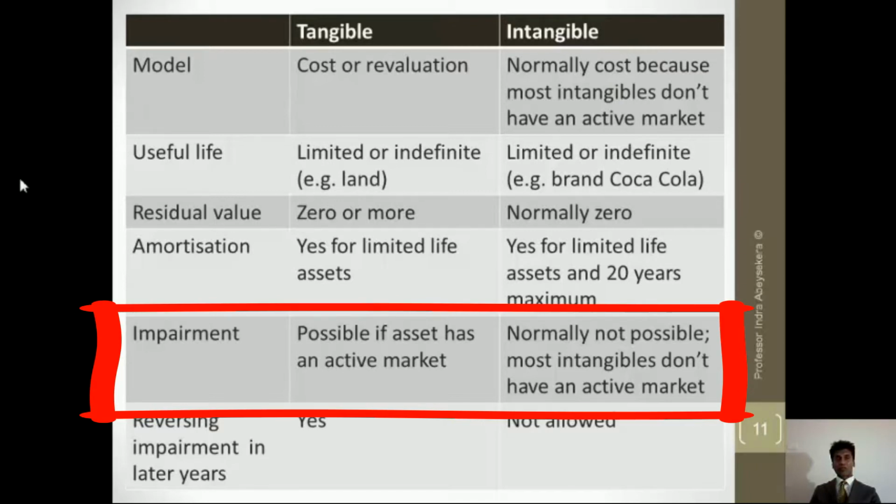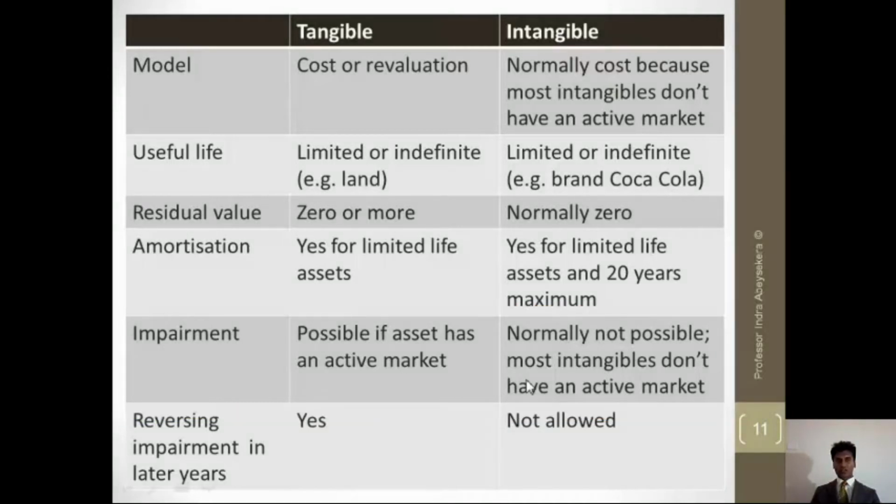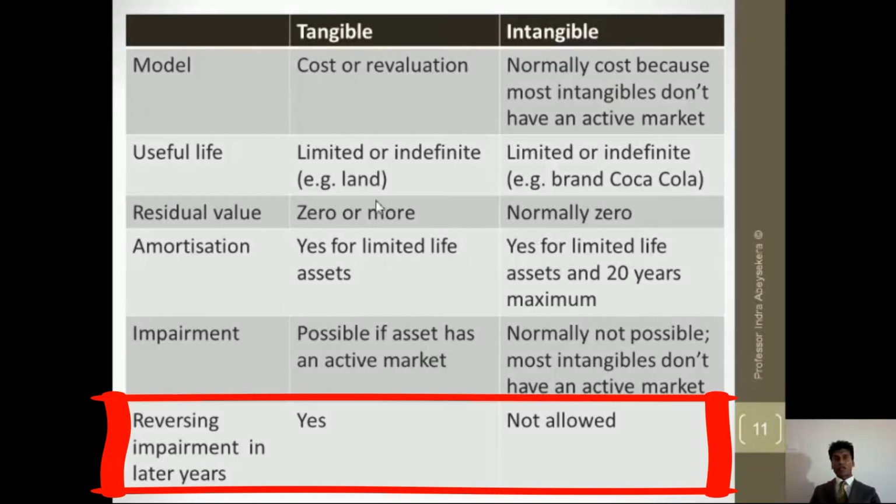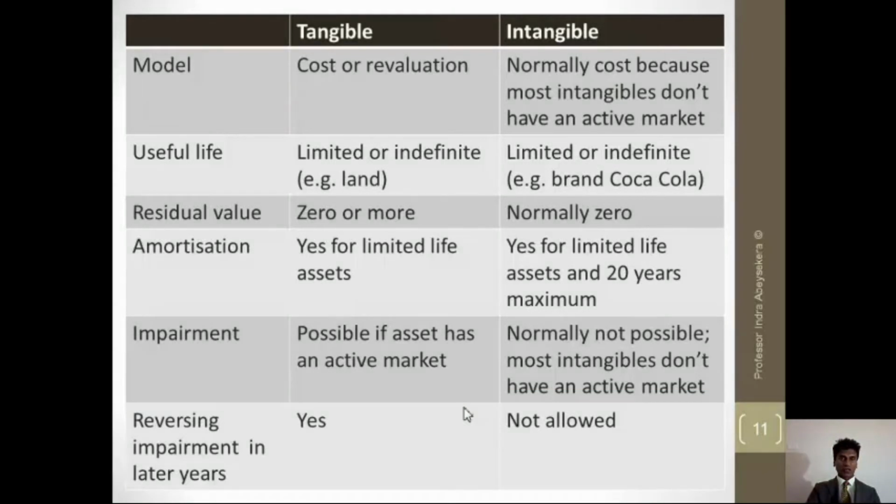Tangible assets could be impaired if those assets have an active market. But for intangible assets, this is not possible because most intangibles don't have an active market. Reversing impairment expenses in later years is allowed under tangible assets, but that is not allowed under intangible assets.